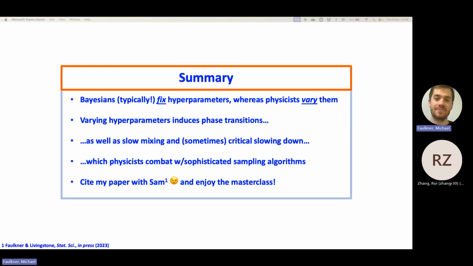Varying these hyperparameters induces phase transitions, as well as slow mixing, and then sometimes critical slowing down. Critical slowing down happens at something called a continuous phase transition, but not at first order. These phenomena have often resulted in physicists combating these problems with sophisticated sampling algorithms, often based on the underlying physics of the system and the problem that's been posed.